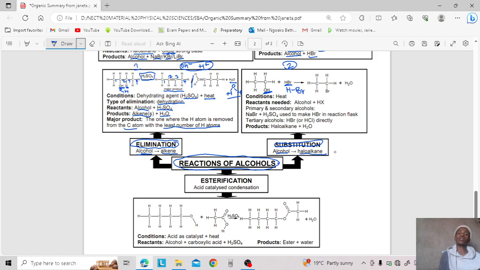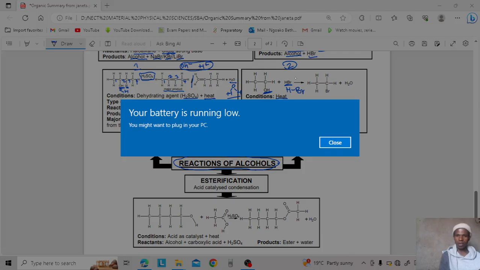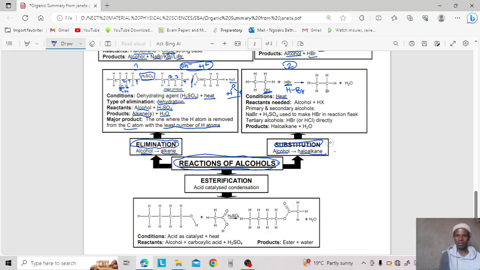That is a hydrohalogen. So if alcohol reacts with a hydrohalogen, then we are going to make a substitution, under conditions of heat.